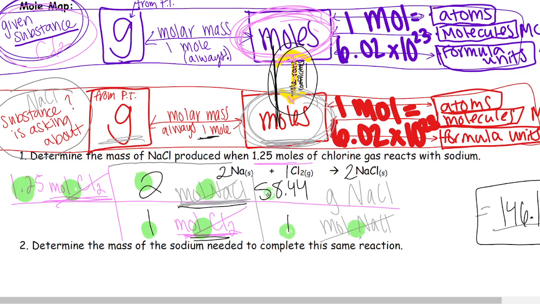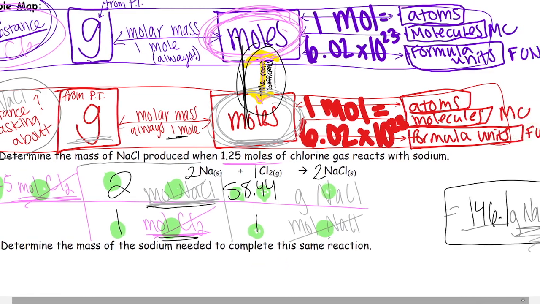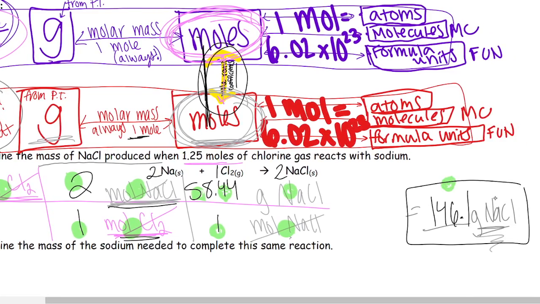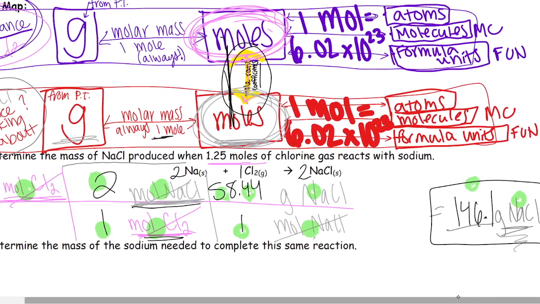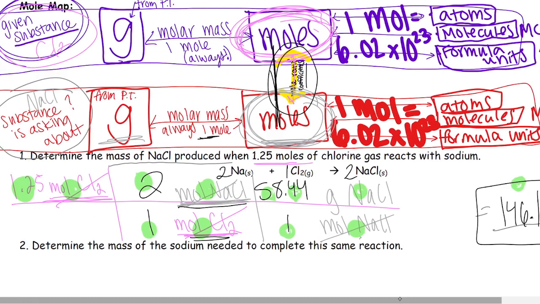This one, I would actually give you 2 points for calculating molar mass, since you could have maybe understood that molar mass goes there, but maybe you made an adding mistake or something. And then a point for your unit, including your substance. And then a point for your final answer and a point for your unit, including your substance. So that is 2, 4, 6, 8, 10, 11, 12, 13 points for a question like this.